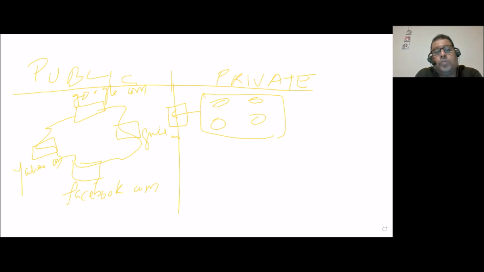Because when I send a packet to Google.com, in the last class, Jay told me that Google.com responds to the source IP address. And if Google.com cannot see the private IP address, how is this connection happening?